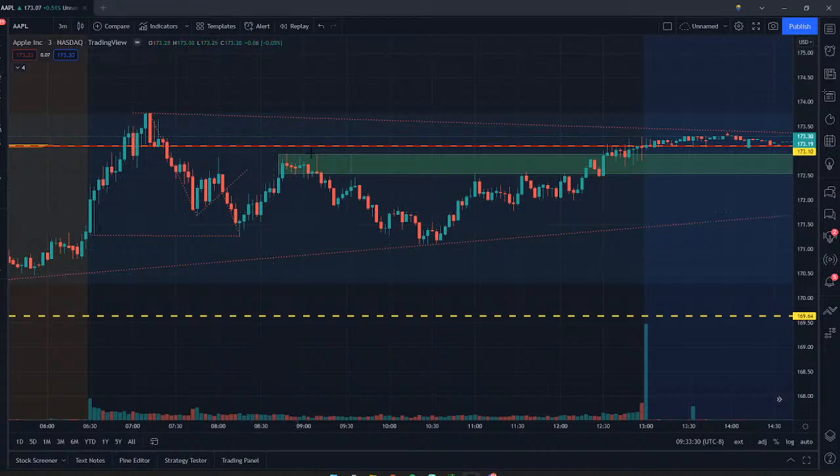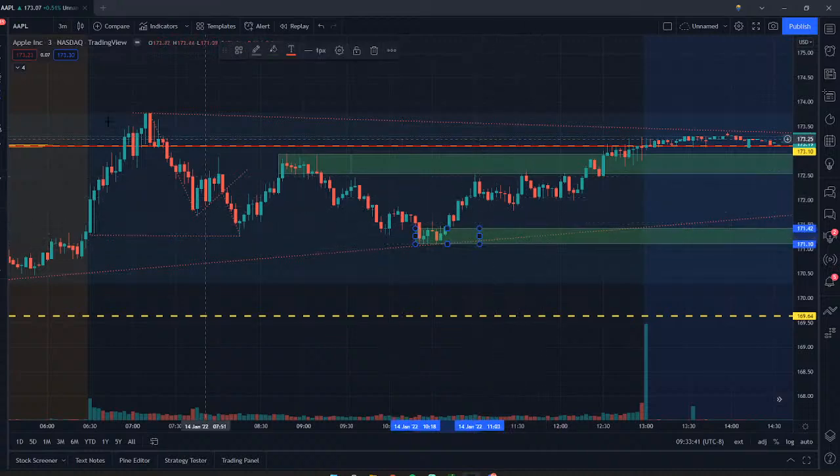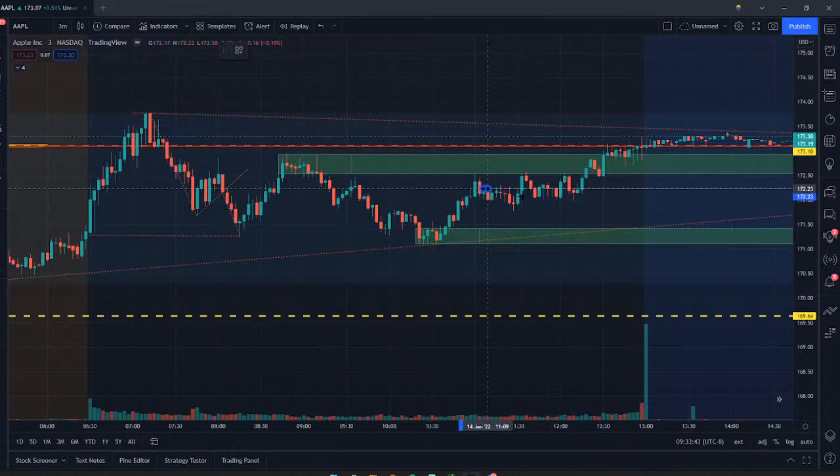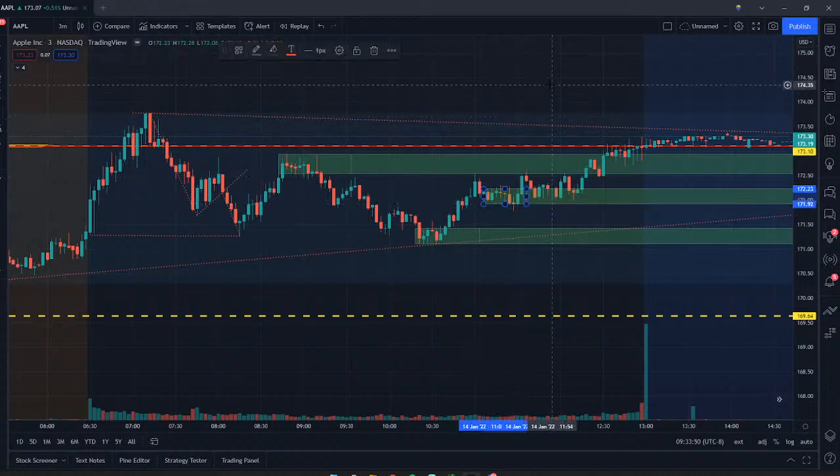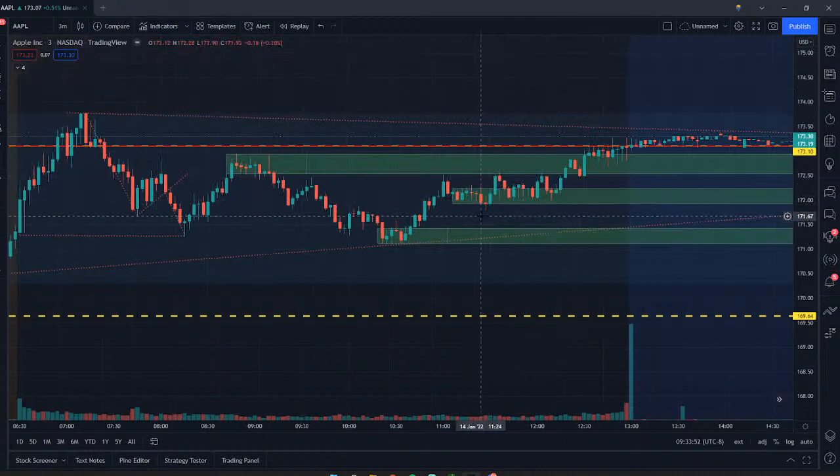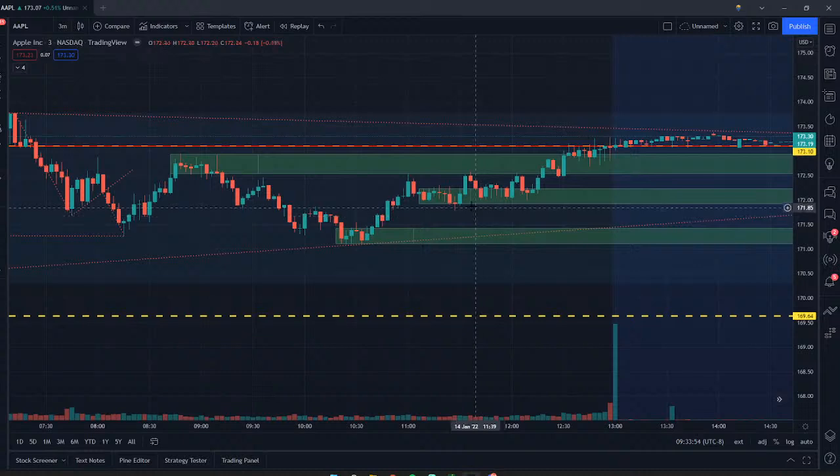So anyway, basically anytime you see consolidation, just draw a box around it or a rectangle, whatever. And then you can play the breakout of those rectangles. So once we grab some rectangles here, as the day progresses, your rectangles might get bigger.